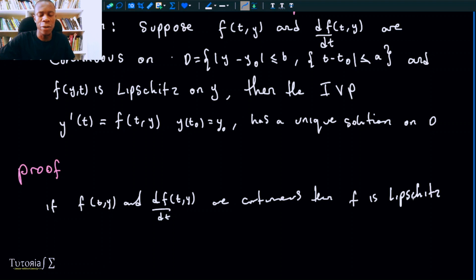Okay, so this is the first thing that we'll have to verify. If f and the derivative are continuous, then f is Lipschitz.